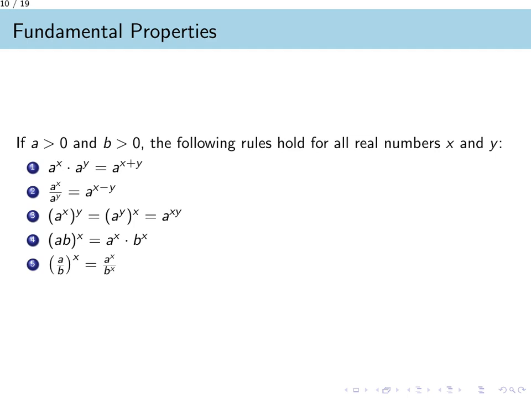For example, 10 squared raised to the third power is just 10 to the power of 6. The final 2 rules show how an exponent distributes over a product or a quotient within parentheses. These properties are the essential toolkit for manipulating any exponential expression you will encounter.